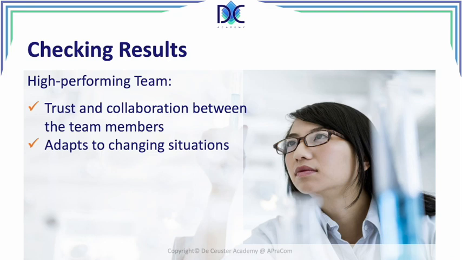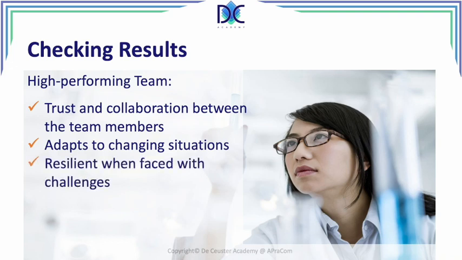We see that the team is very flexible to adjust when it is necessary. They're resilient when faced with challenges. Resilience is very important. We understand that there are a lot of challenges in projects, so the high performing team will be able to show that resilience when there are challenges.